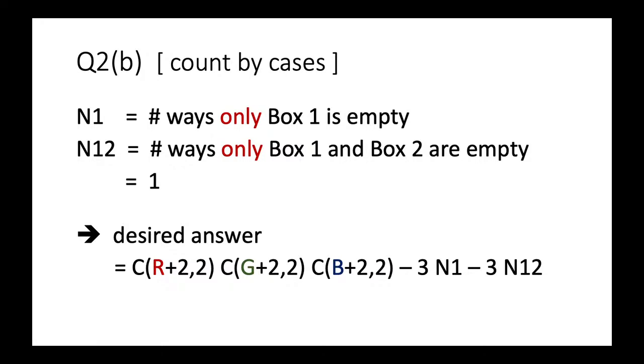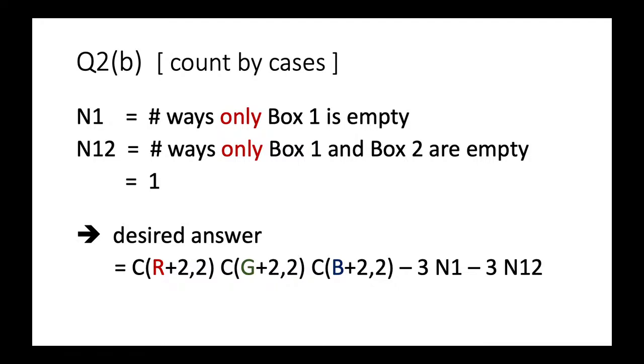And the total number of ways will be equal to what? Here, it is the previous answer, right? But then we should minus the case where exactly box 1 is empty. Also, we should minus the case where box 2 is empty, and the case where box 3 is empty, and the case where boxes 1, 2 are empty, and the case where boxes 2, 3 are empty, and the case where boxes 1, 3 are empty.